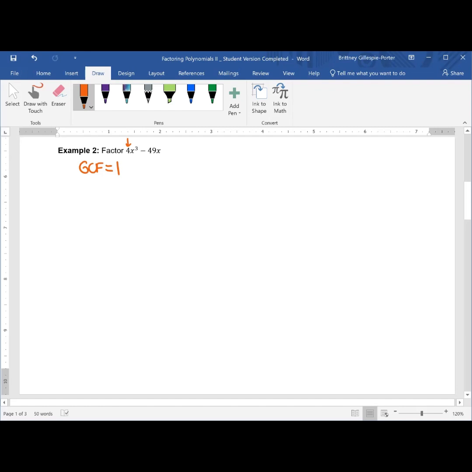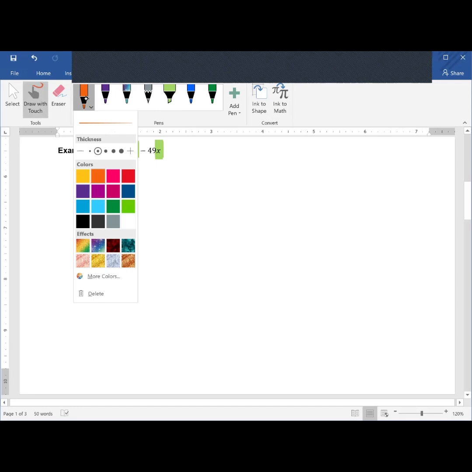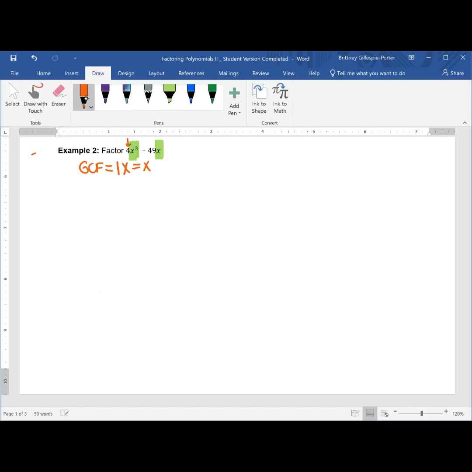We're hoping that there's a variable part to our GCF, otherwise this one looks like it can be kind of icky. But when we look at this one, we notice that we have an x cubed next to the 4, and an x to the first next to the 49, which means that we can take out an x or a 1x because they both have 1, which means we're going to divide both of our terms by x to factor it out.